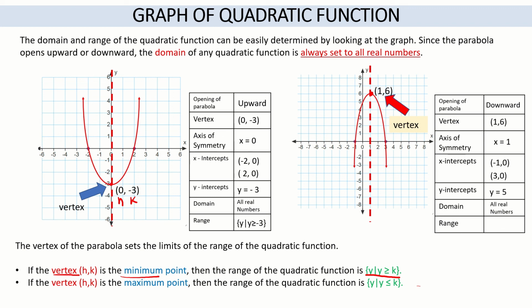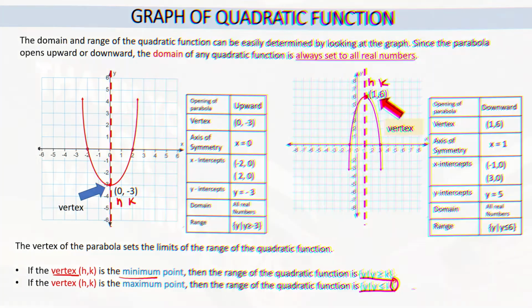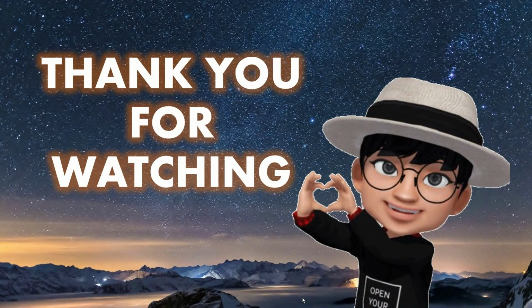The range is simply y such that y is less than or equal to k. For the vertex here, h is equal to 1 and k is equal to 6. Since the value of k is 6, the range is y such that y is less than or equal to 6. That's all for now.